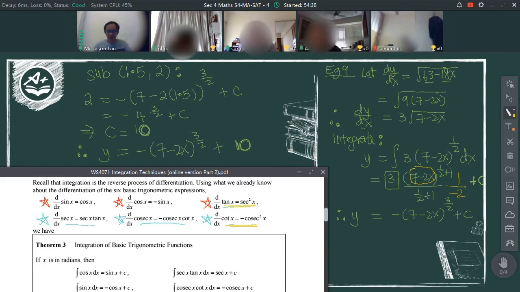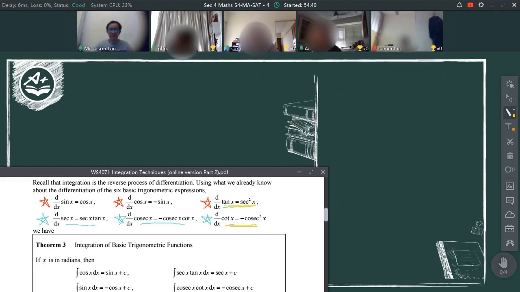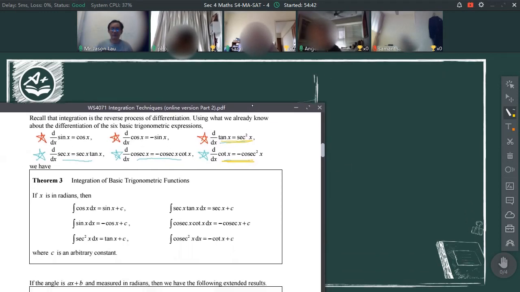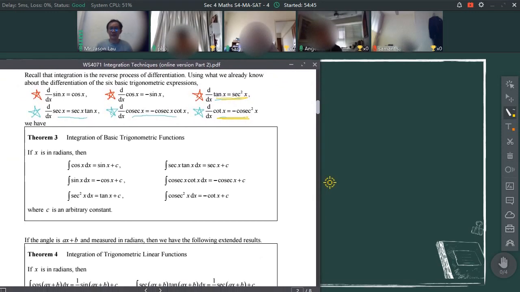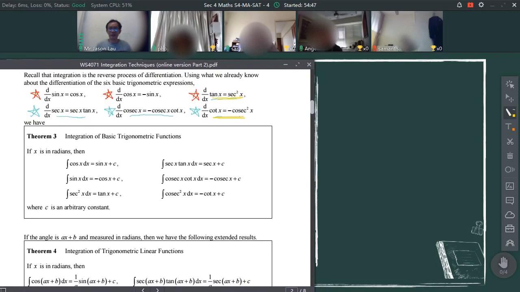Can I clear the board away? Okay. Why do I ask you to remember? Because it's to your big advantage. If you remember, then we are going to do the reverse of the differentiation. So you see, I just highlight this part to you. This part is differentiate sine is cosine.